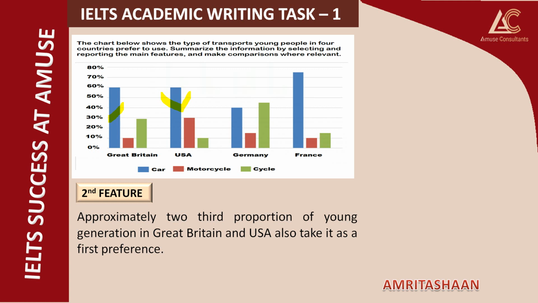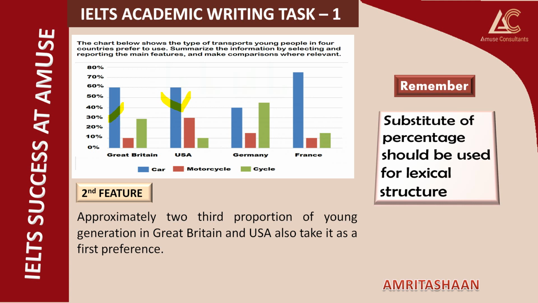The same information I have written here: approximately two-third proportion of the young generation in Great Britain and USA also take it as their first preference. The 60% figure, this percentage, has been used as two-third proportion. That is the substitute we can use instead of writing the exact percentage. The thing you need to keep in mind here is that a substitute of percentage should be used for good lexical structure.